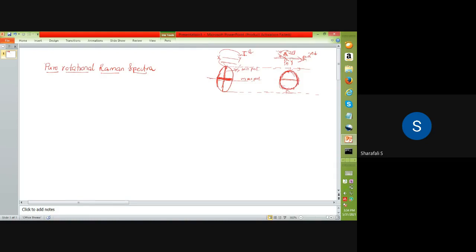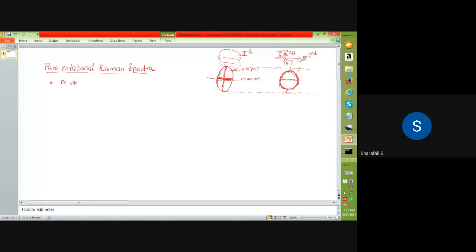And what happens here is that when you are rotating that molecule, the polarization is getting changed. So the rotation of that molecule will make changes in polarization, and a change in polarization is necessary for Raman study. Only if the molecule possesses this condition, then only do we get Raman. So that is the first case. We already said that a change in polarization is necessary.